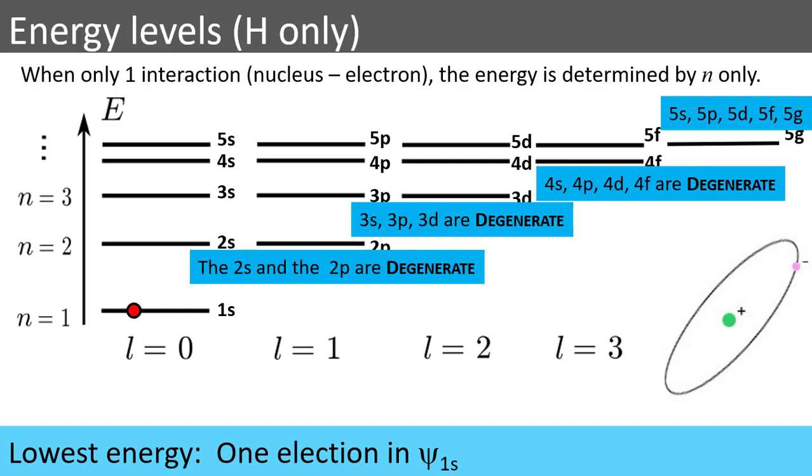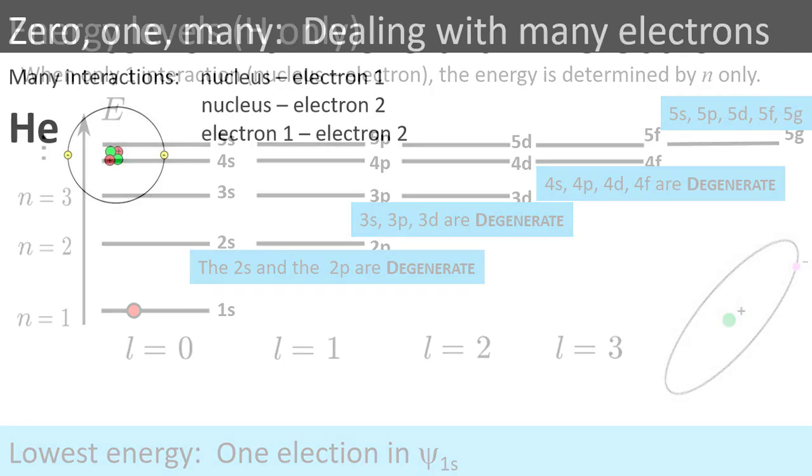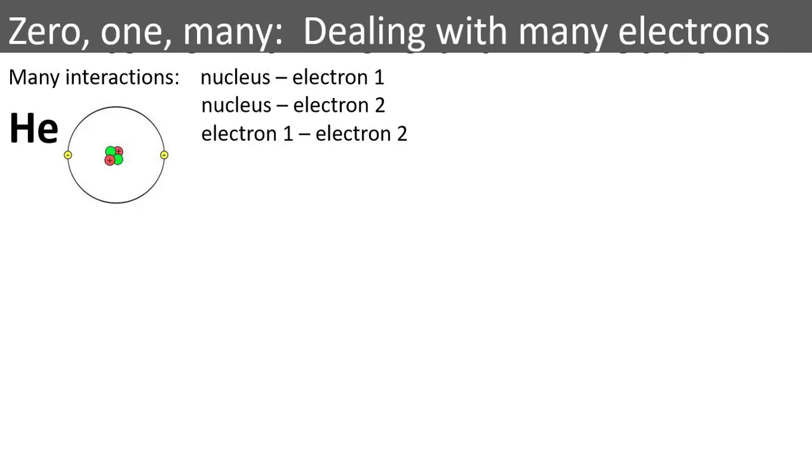Now when we move along to the next element, that's helium, remember helium has one nucleus and two electrons. The addition of an extra electron really starts to complicate the picture. There is now a new type of interaction. As well as the attraction between each electron and the nucleus, there is also now a repulsive electrostatic interaction between the two electrons.